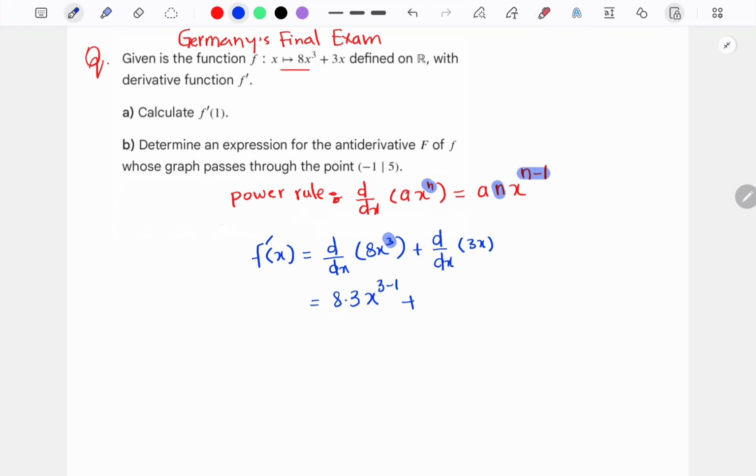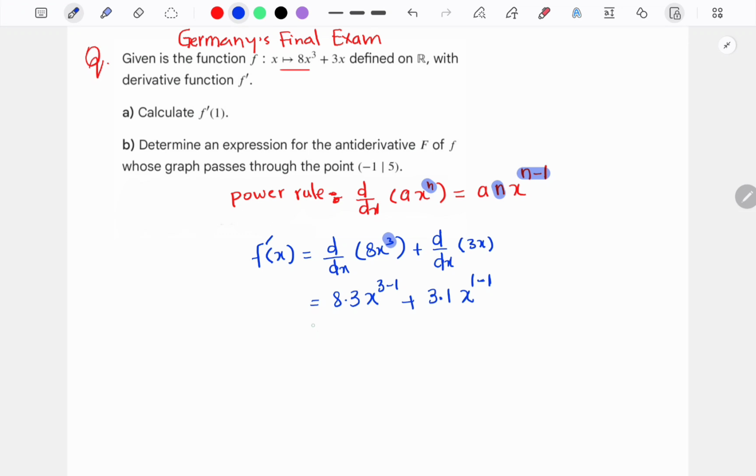Now 3 is already present there, and we will drop the power of x, which is 1. It will come here, and the power of x is already 1, so we will subtract 1 from it by using the power rule.